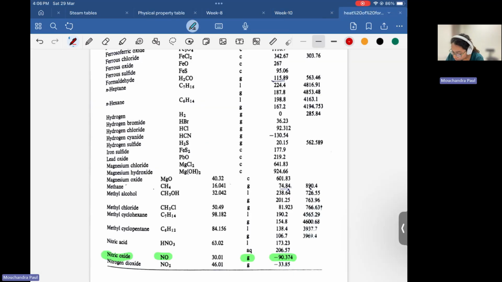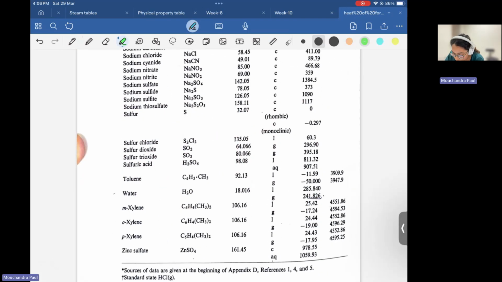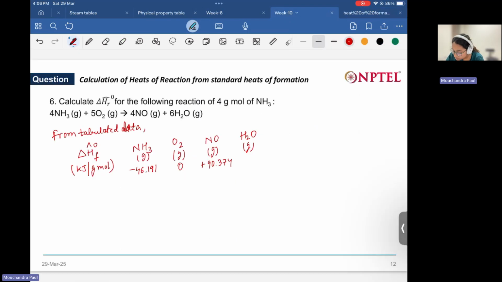And for water in gaseous state, it is minus 241.826. So these are the individual standard heats of formation for each of the compounds involved in this reaction.